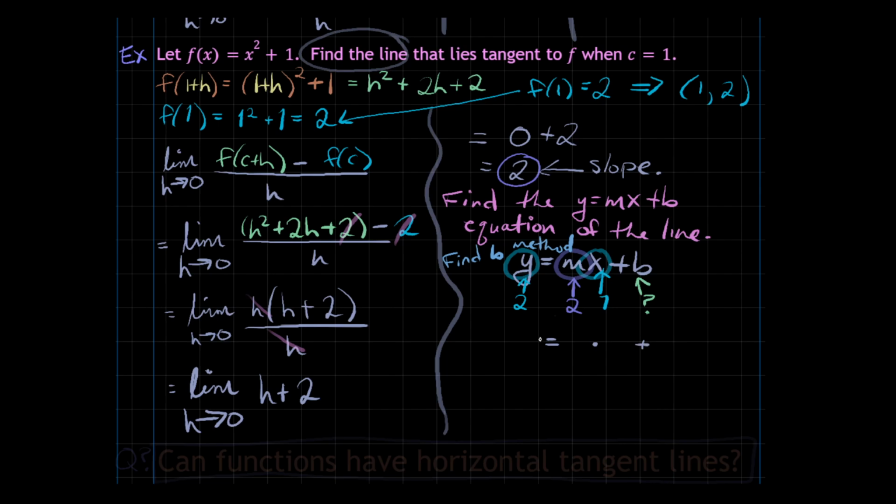So plugging everything in, we'll have 2 equals 2 times 1 plus our unknown b. Solving that for b, we'll find that b equals 0. So our final answer is going to be y equals the m is 2 and the b is 0.